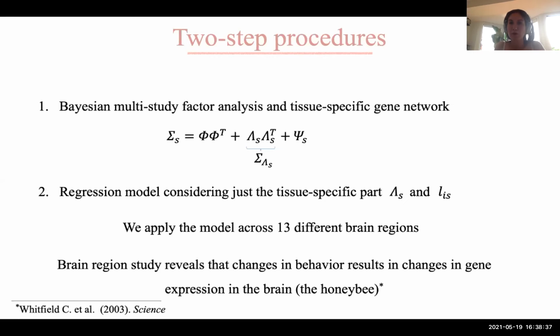And we applied the model across 13 different brain regions. The brain is a very powerful system and sometimes reveals changes in behavior, and that can result in changes in gene expression.